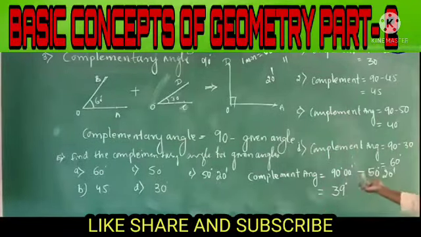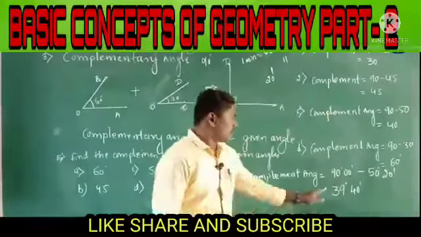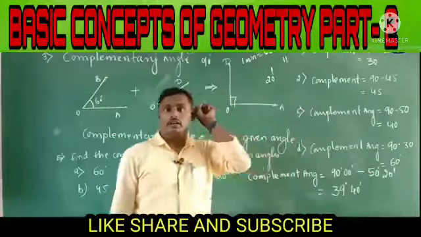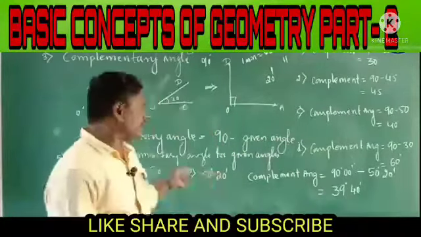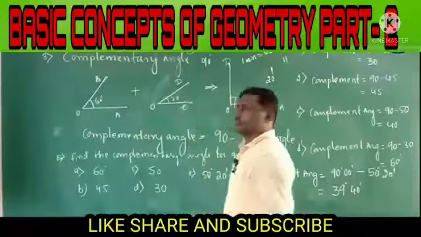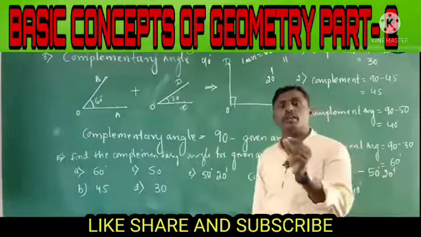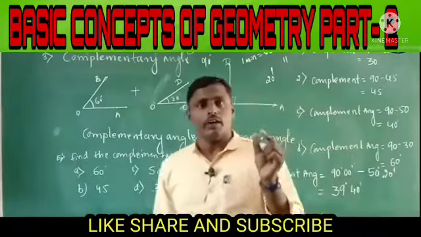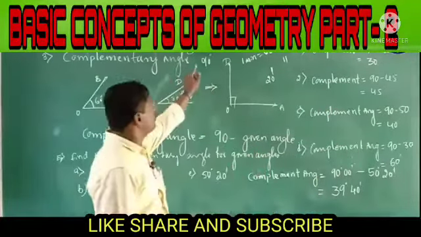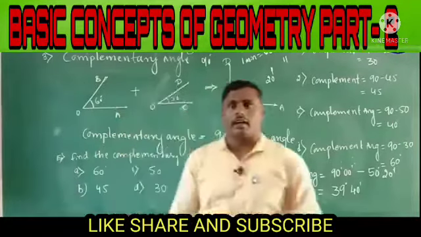So subtract 60 minus 20, which is 40 minutes. So the corresponding angle is 39 degrees 40 minutes. Okay, like this we are calculating the complementary angles. As I already told you, complementary angle means the sum of any two angles which is always equal to 90 degrees.